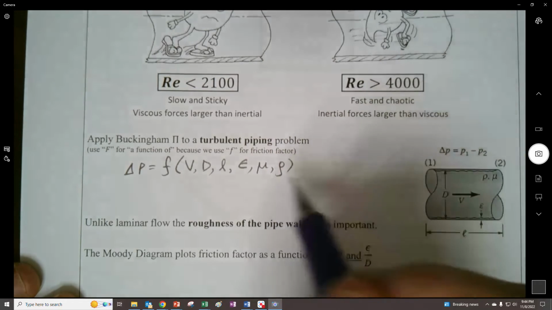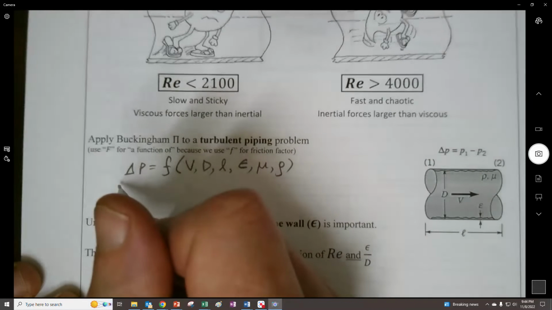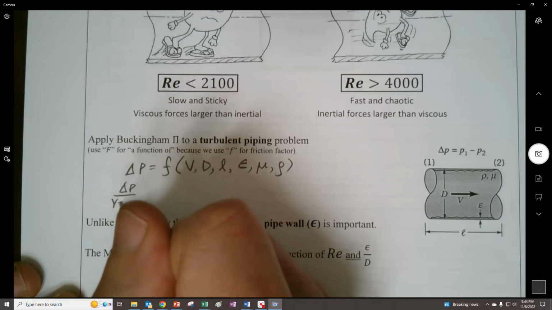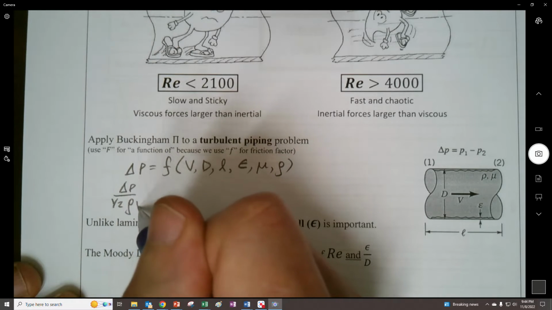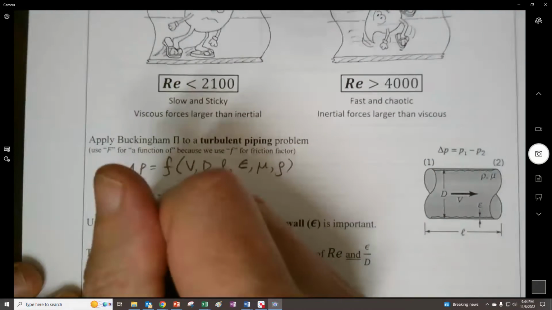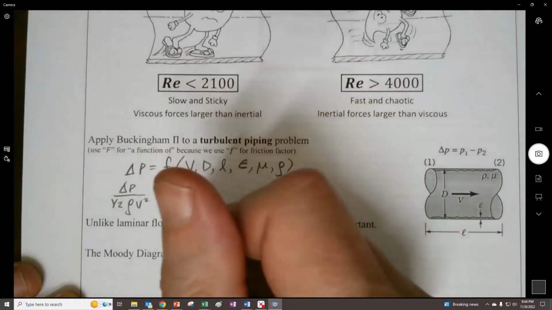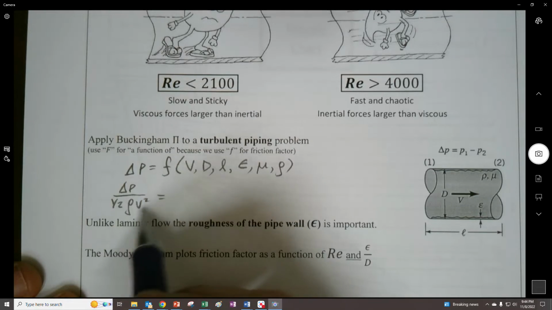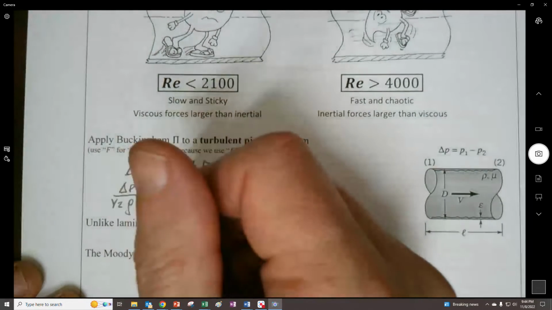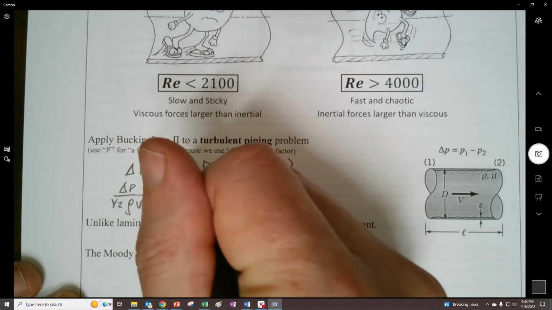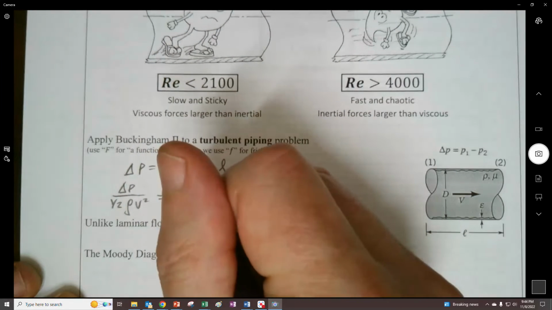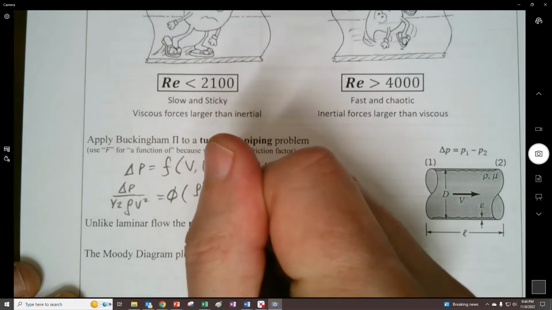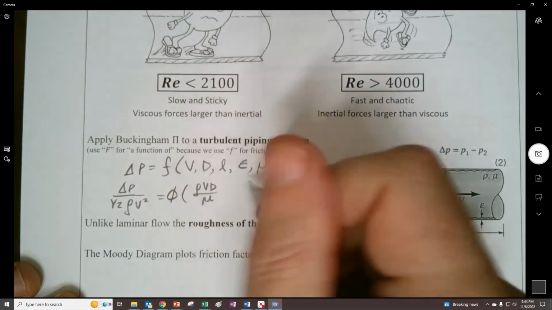Out of that we get the Buckingham Pi terms, starting with delta P divided by 1/2 rho V squared. That's our primary pi term. The 1/2 is added in to make this similar to what we use in Bernoulli. And then the other dependent pi terms: we have Reynolds number, which we almost always run across.